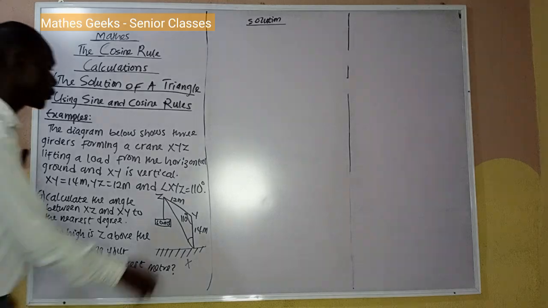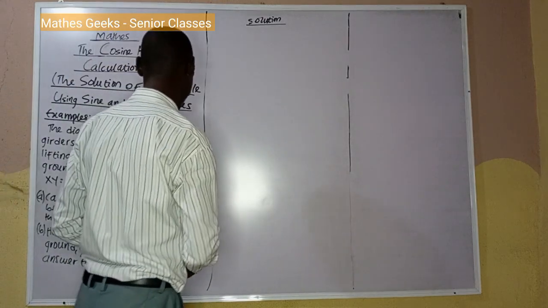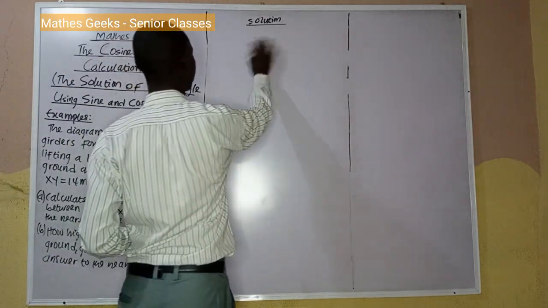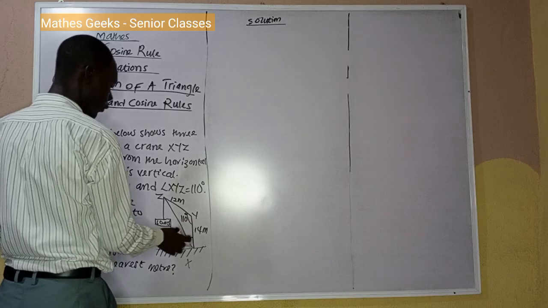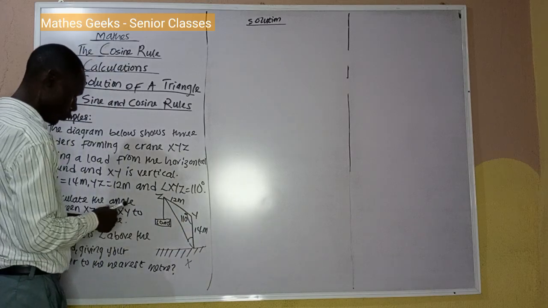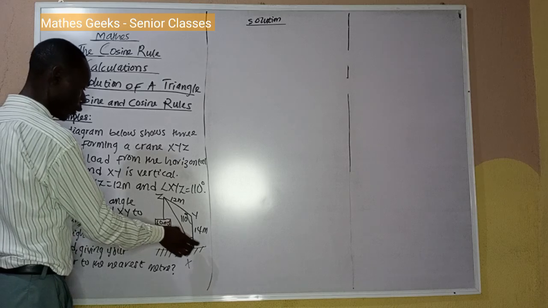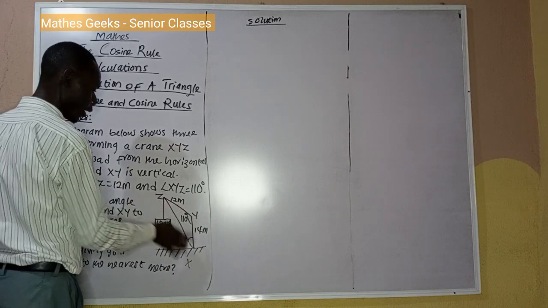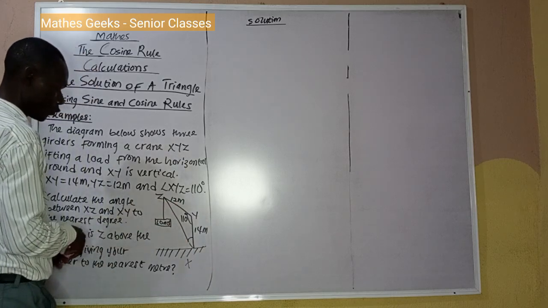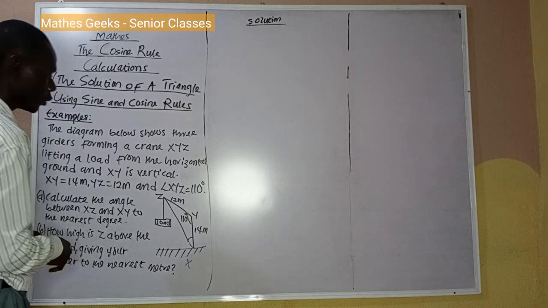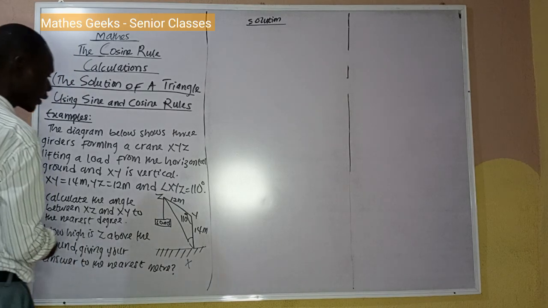So if we extract this triangle, what we notice is that the angle we're going to calculate is this, the angle between XY and XZ. Which of the rules are we going to implement? Is it the cosine rule or the sine rule?